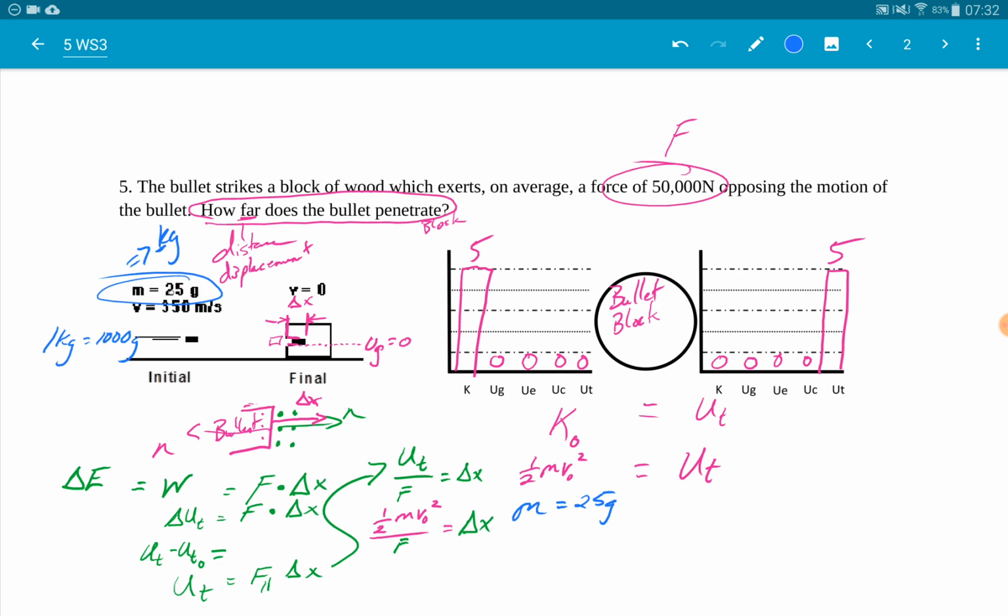An easy way to think about it: when I convert mass into kilograms, should I have a ton of grams per kilogram, or just a very small amount? Well, I know that I have 1,000 of those grams in there. So when I go from the small unit of a gram to a big unit of a kilogram, I should have a small number of kilograms. And the only way to make that smaller is to divide by 1,000. So I am going to divide by 1,000.